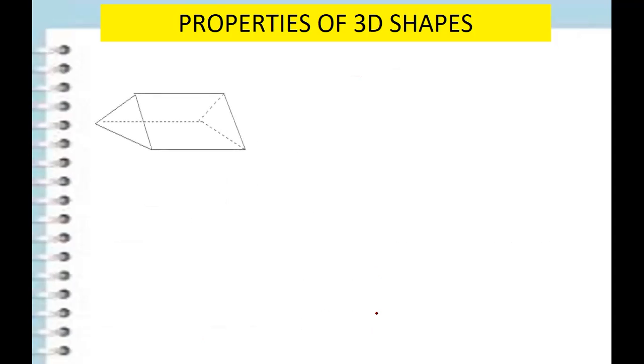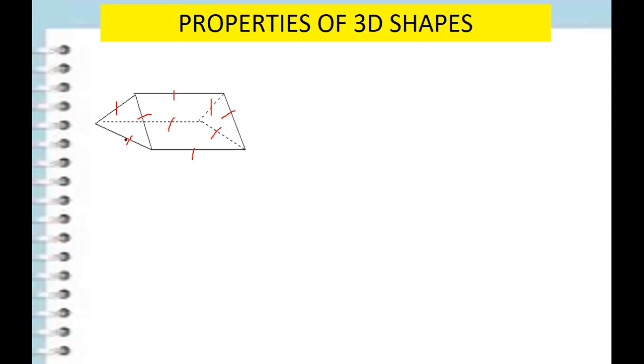Next one is the triangular prism. How many faces, how many vertices, and how many edges? So let's count. 1, 2, 3, 4, 5, 6, 7, 8, 9.